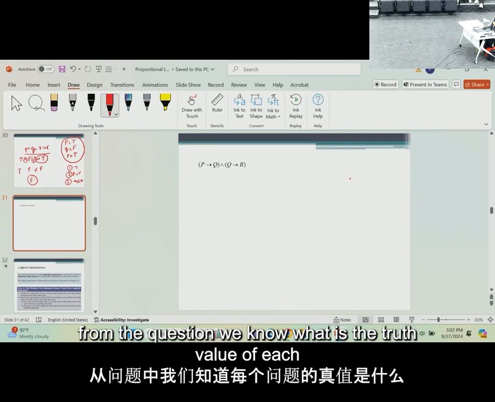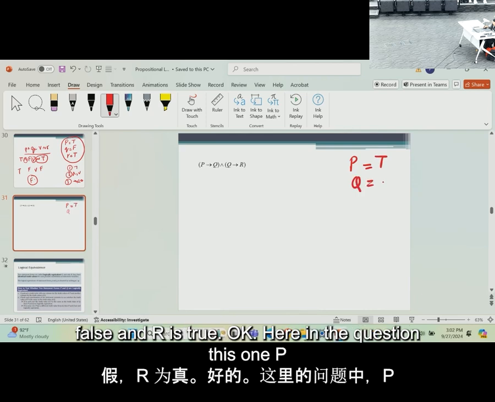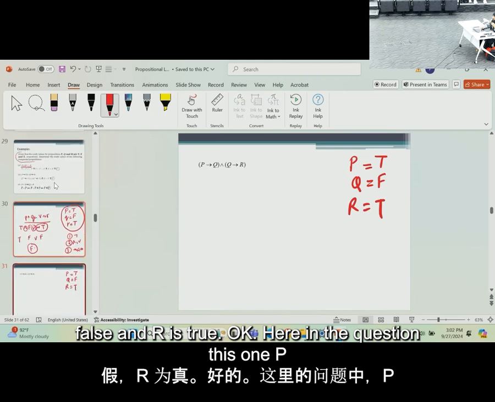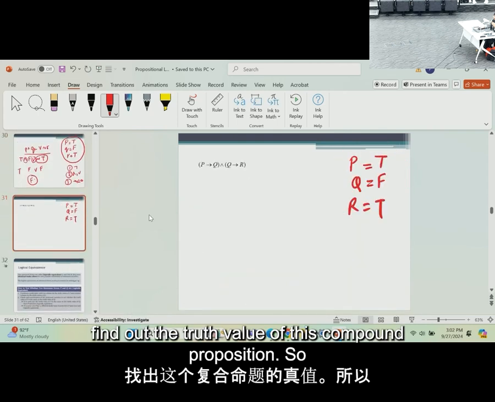From the question we know the truth value of each individual statement. In the question, P is true, Q is false, and R is true. Then we have to find out the truth value of this compound proposition.